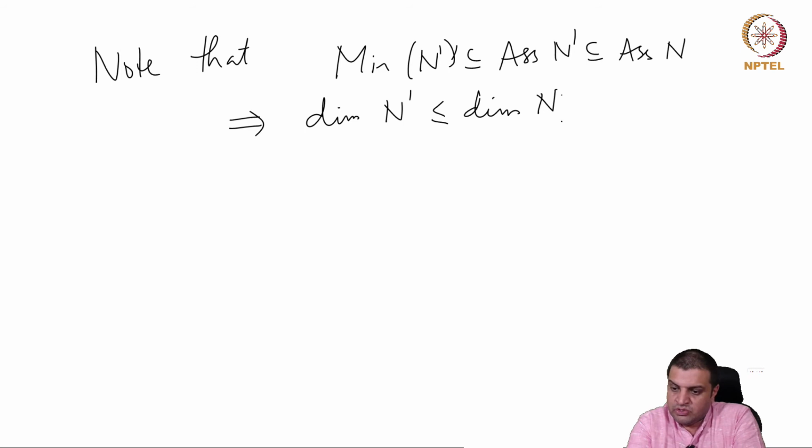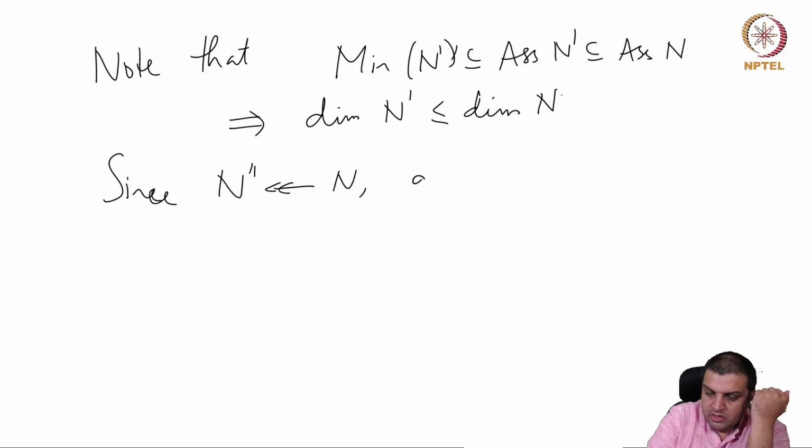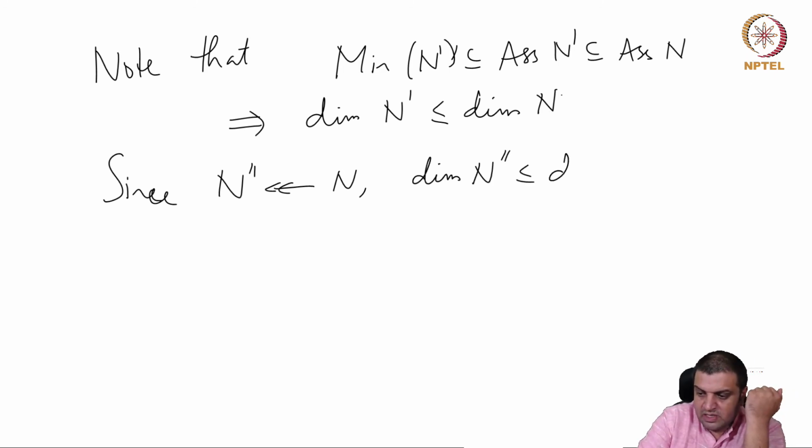Because of this you get this condition. And N double prime is a quotient of N. Since N double prime is a quotient of N, dimension of N double prime is also less than or equal to dimension of N.